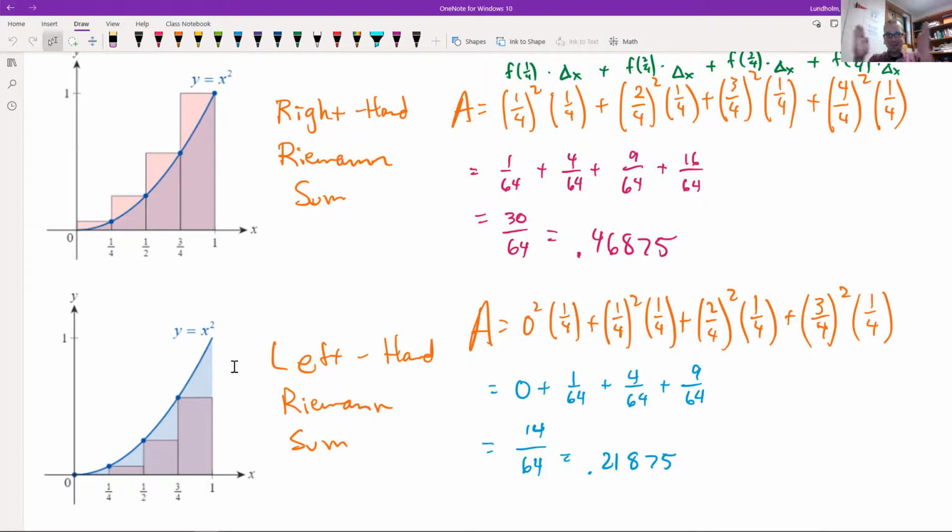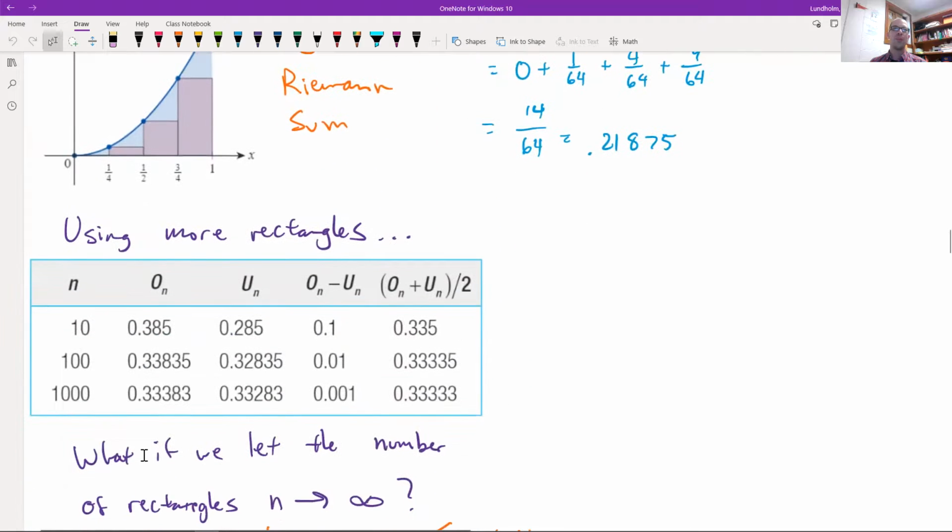We would make that smaller, increase the number of rectangles that we're using, and make a finer mesh. So if we use more rectangles, just to clue you in on what these letters mean, I think we're using O for overestimate and U for underestimate.